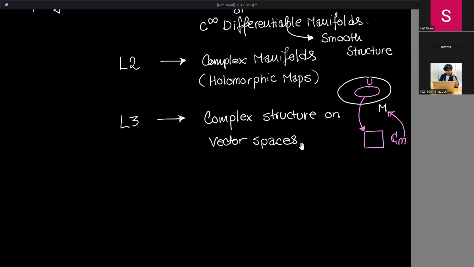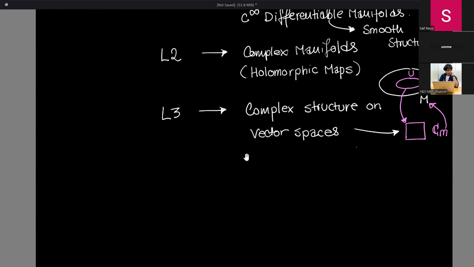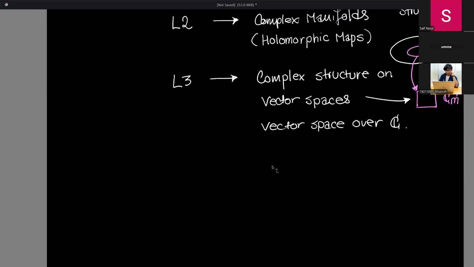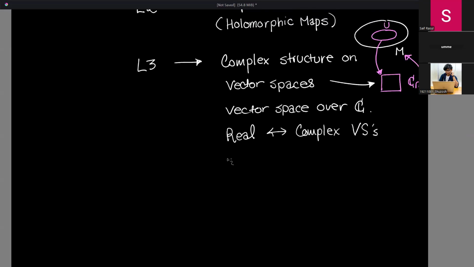This space is what we were adding a complex structure to, and we showed that adding a complex structure is the same thing as having a vector space over C. We also looked at how we can go between real and complex vector spaces using a certain theorem, and lastly, that you can define a unique complex structure given certain conditions.